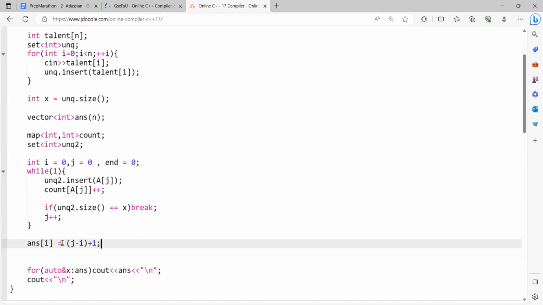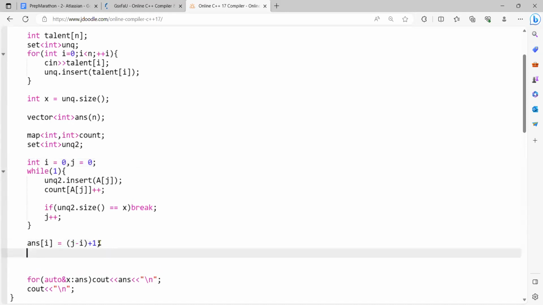What is this j index? j is basically the end, you can say. So j is acting as the end, so there is no need of this end. j is the last index where I got all the talents. So answer of i is equal to j minus i plus 1, where j is the last index where I stopped, or where I got all the talents.